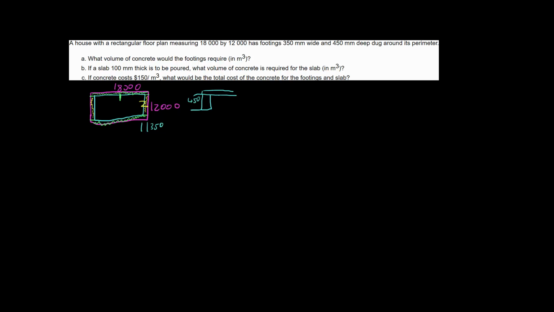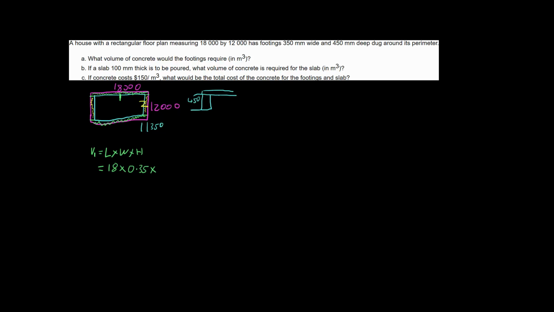So let's have a look at the first volume first. Volume's rule is length times width times height, and that is going to be our length of 18,000, which is in millimeters, so we should convert this to meters. So we have 18 meters, times the width of our footing, which is the width of our rectangle, and that's 350, but turn that into meters as well, is 0.35.